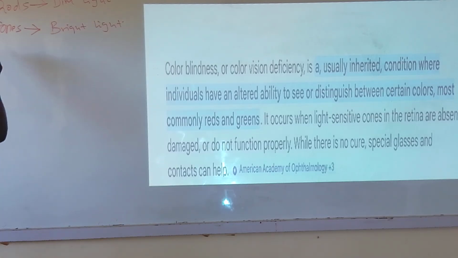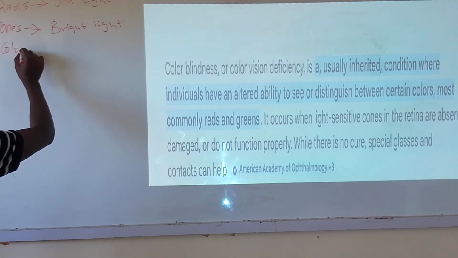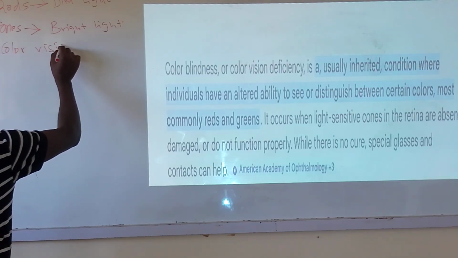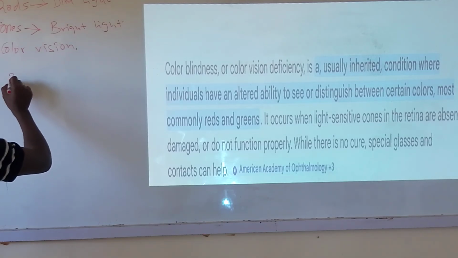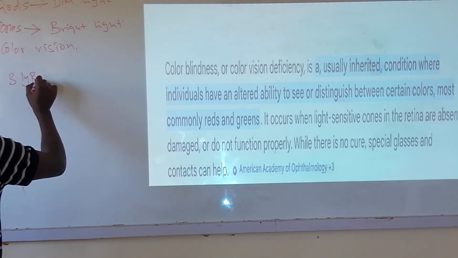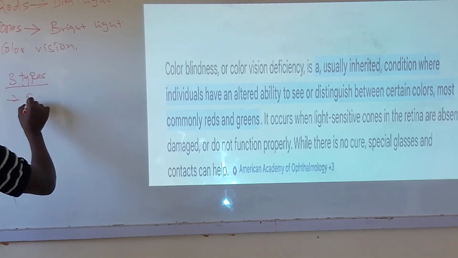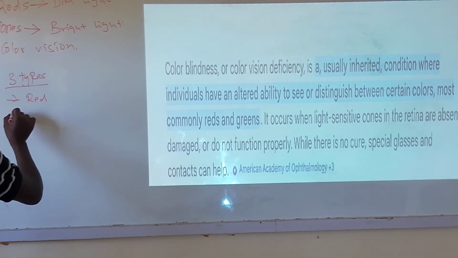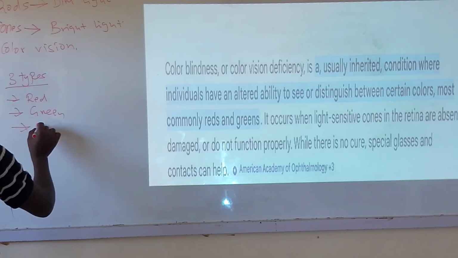So we are interested in the cones for now because they are the only ones responsible for color vision. And these cones are of three types. We have those that are sensitive to red light. We have those that are sensitive to green. And we have those that are sensitive to blue.